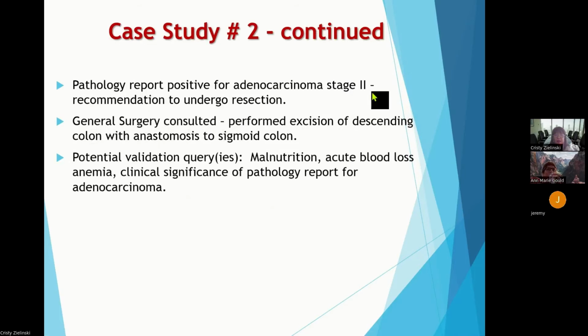So we have here the acute blood loss anemia and the significance of the path report for adenocarcinoma, right? So the doctor did document that the path report revealed adenocarcinoma, but the doctor did not document that.